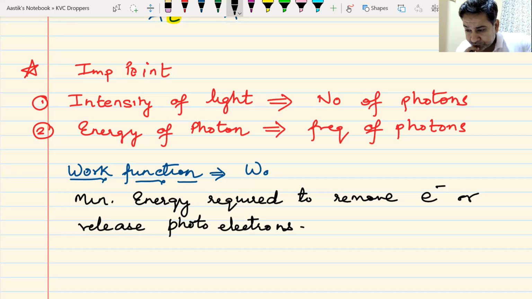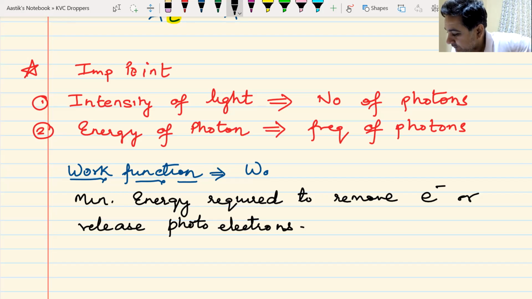Now, when will it be easier to remove electrons and when will it be tougher? We can understand in terms of work function. If work function is very high, then it is more difficult to remove electrons.